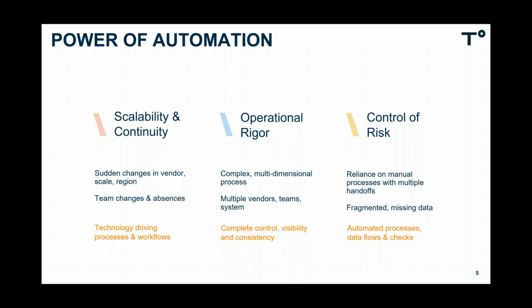And minimizing that risk is critical to the success, not only of the global mobility function, but also to the entire organization. Automating processes, data flows, and making sure that all of the checks are in place to deliver good service are areas of automation that technology can bring to the table.